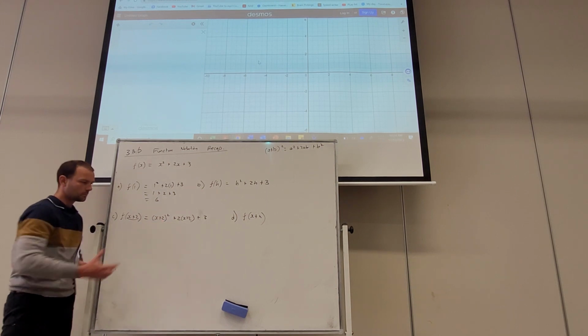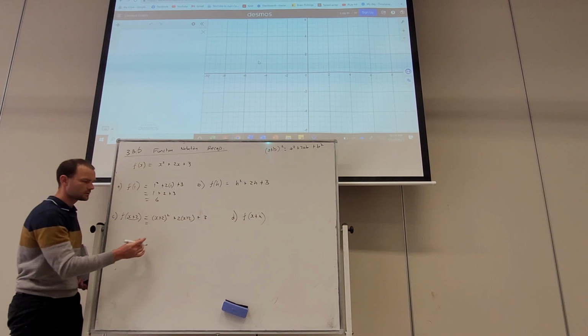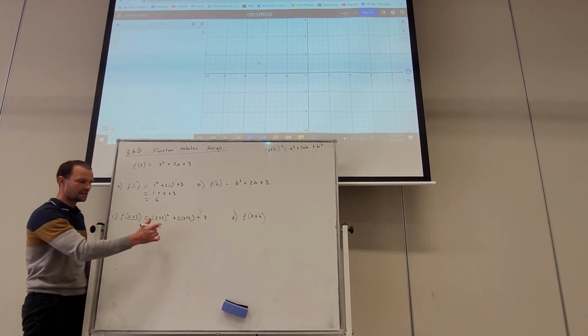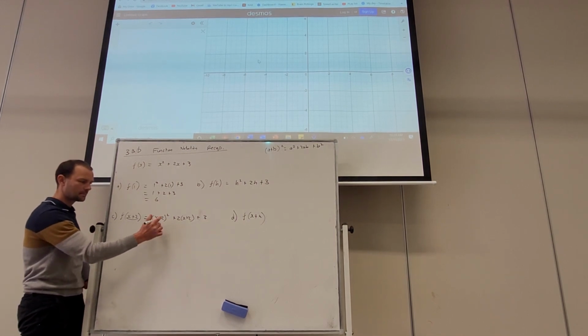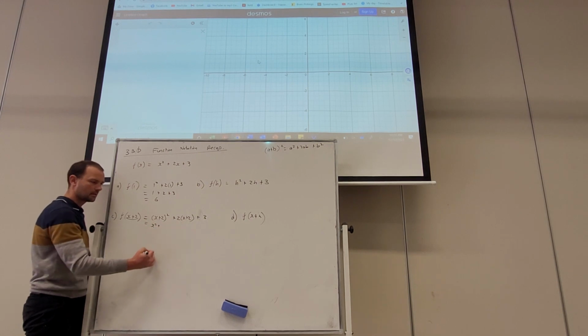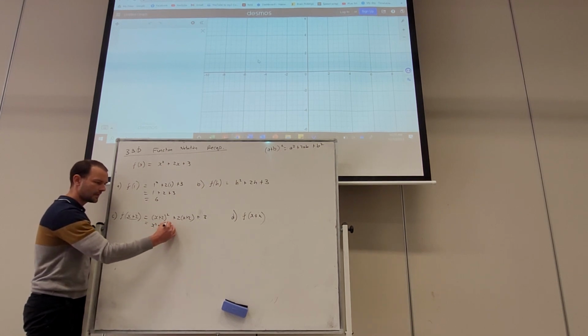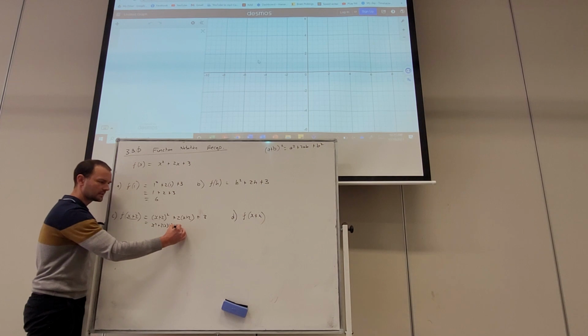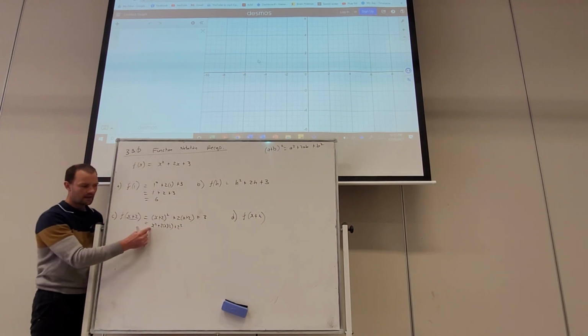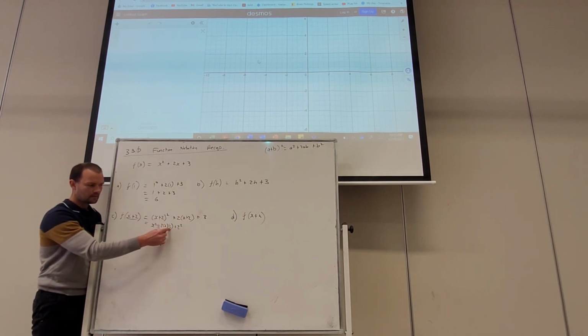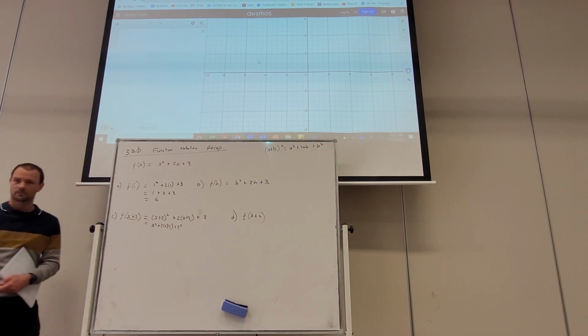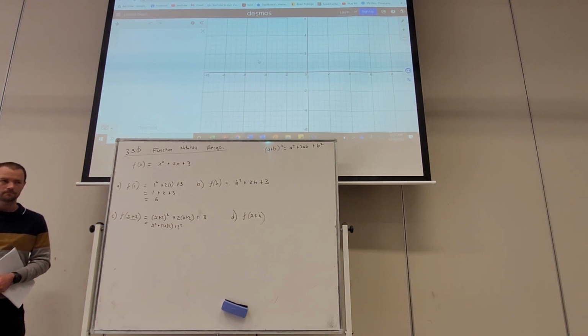If this is a skill you need to practice, let me know. I can provide plenty of resources, but I'm going to do it in one step. This expands to x squared plus 2 lots of x times 2 plus 2 squared. A squared plus 2ab plus b squared. That's the perfect square expansion.